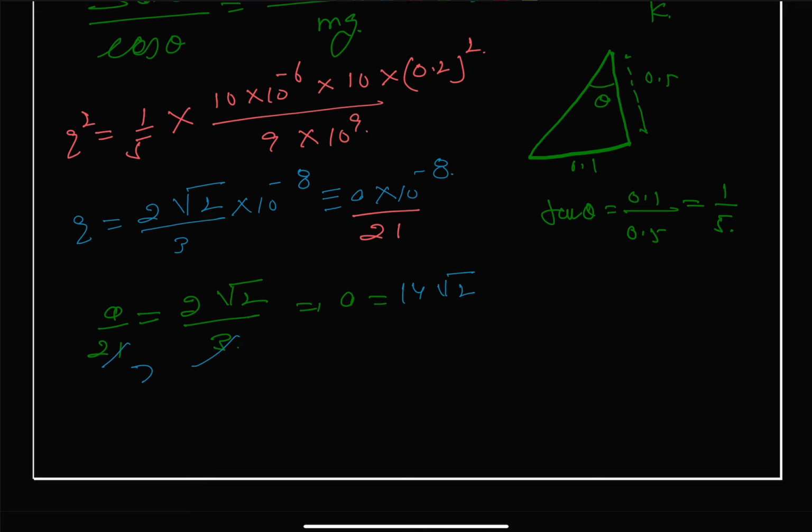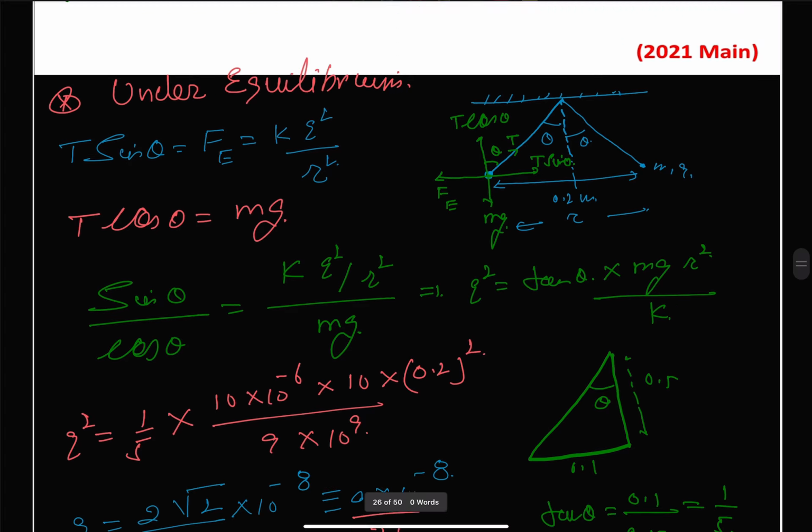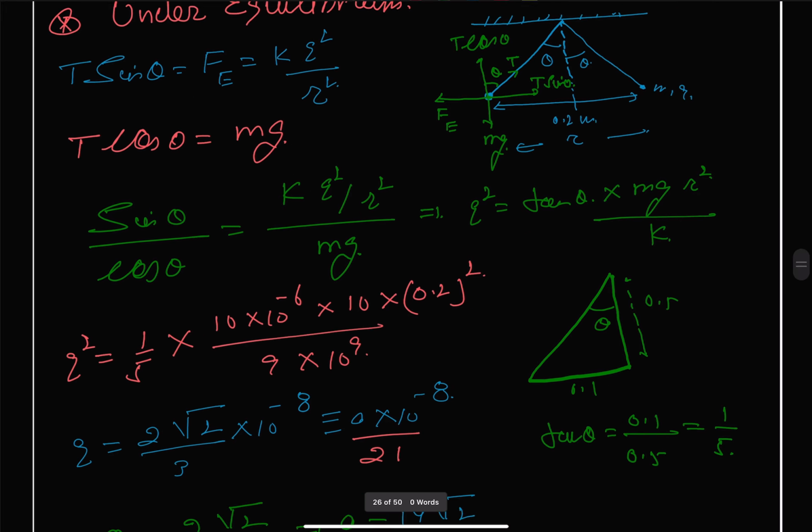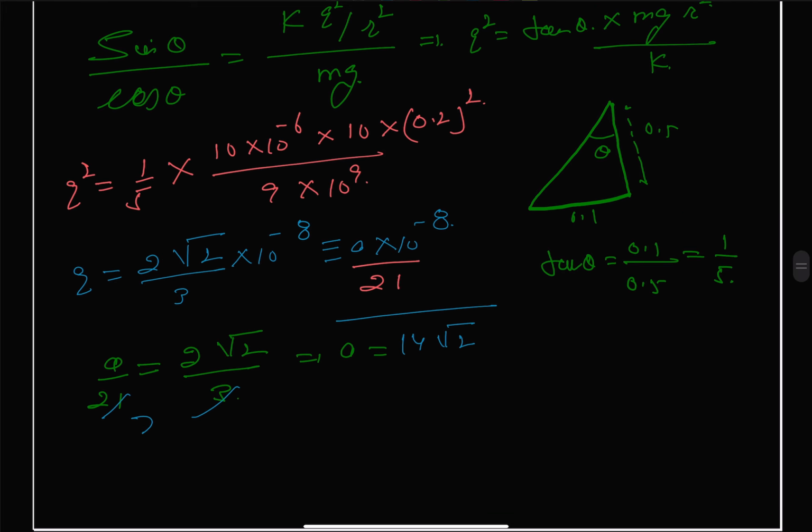So value of A will be equal to 14 root 2. And root 2 is I think 1.414.